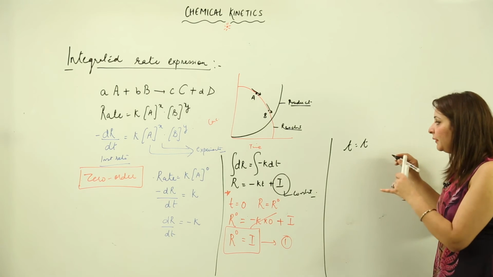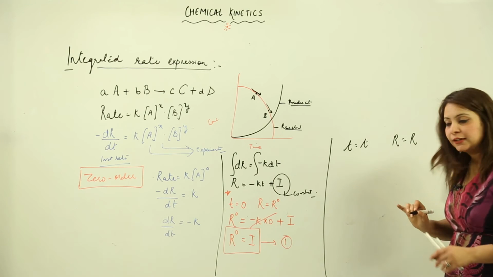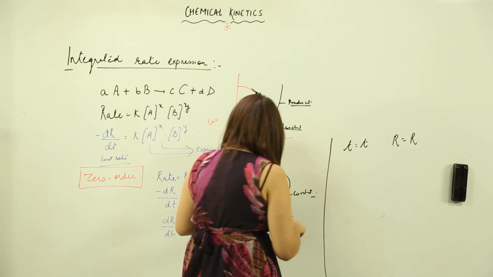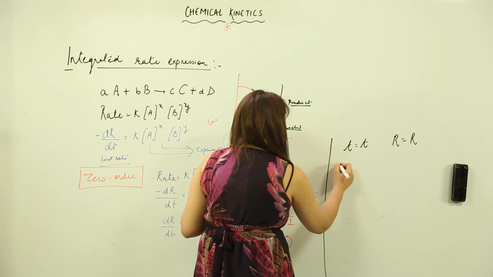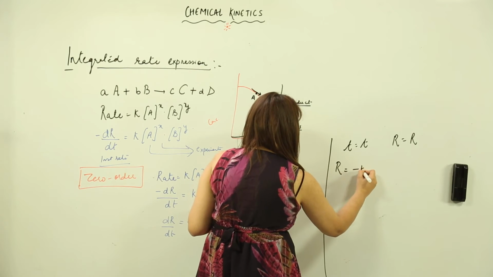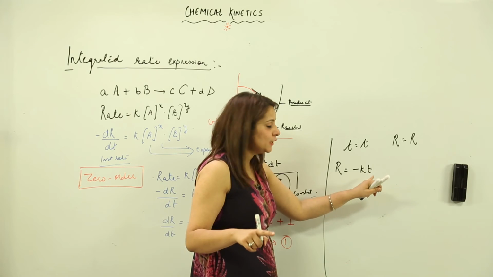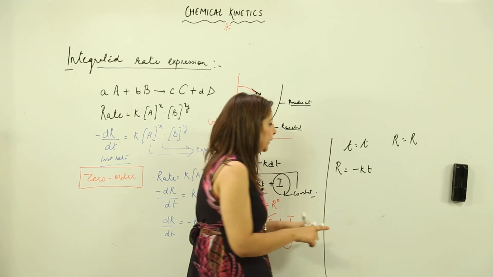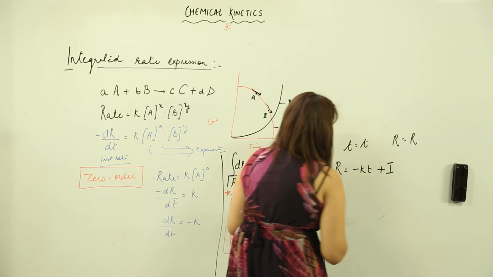So for this time t we get, suppose, a rate of reaction R, right. So again putting this value in this principal equation, we get R is equal to minus kT, because now the time is not 0, it is t. So that is why I have substituted t here: minus kt plus I, right.